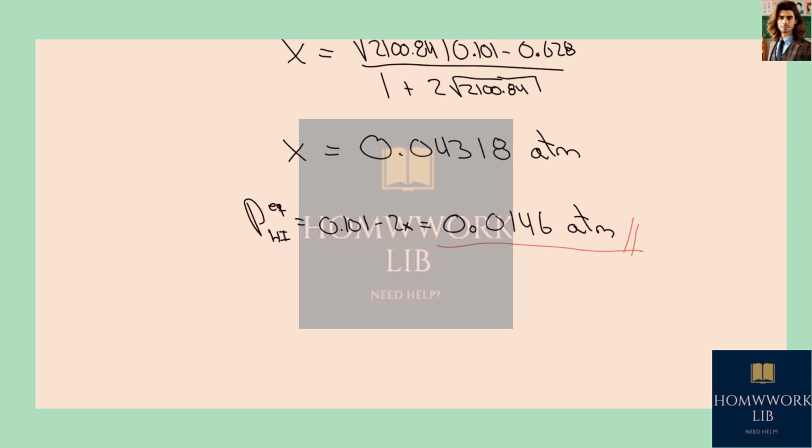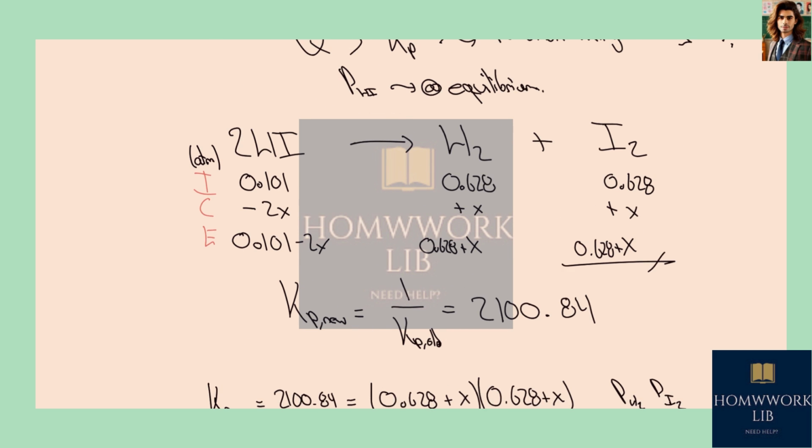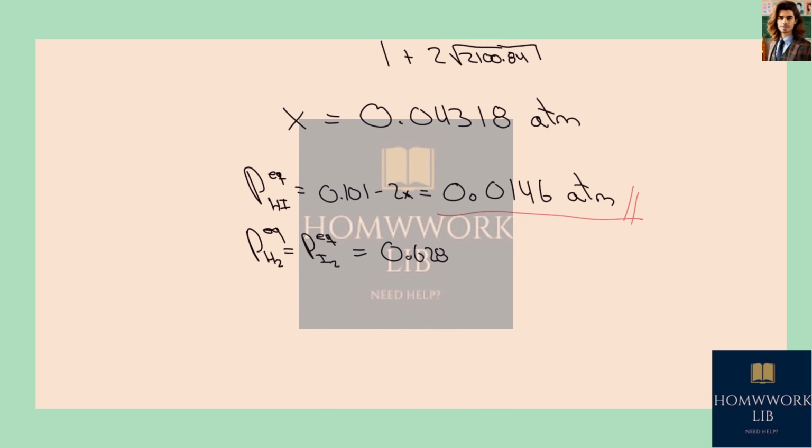But we can also have the pressures of H2 and I2 at equilibrium, since both of them are going to be equal to 0.628 plus x, as we can see from here, which is, again, up to 3 significant digits, 0.671 atmospheres. So these are going to be the equilibrium pressures for all of the molecules that we're going to have in this reaction mixture. But the one that was asked specifically was the one of HI.